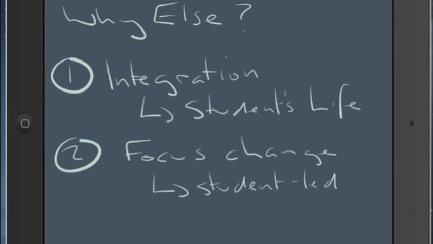And finally, there's this idea that it's real life. And what I mean by that is BYOD is happening out there in the real big bad world at the moment. Businesses are adopting BYOD at a rate that has never been seen before. And schools are supposed to prepare students for the real world.